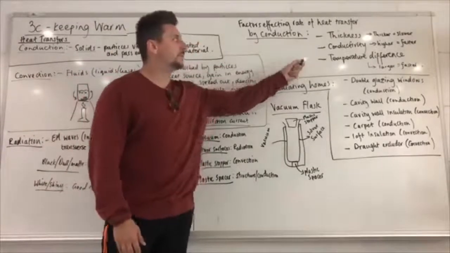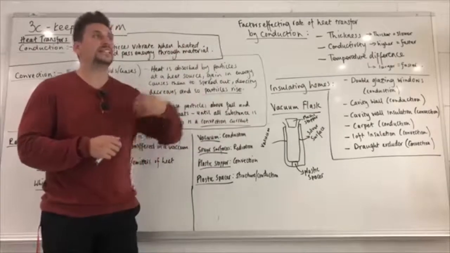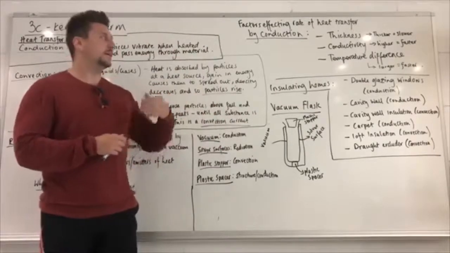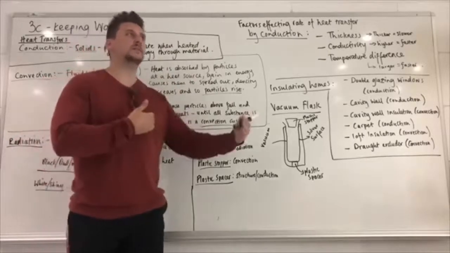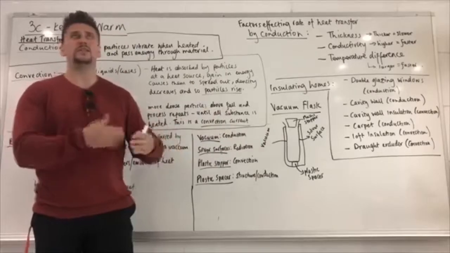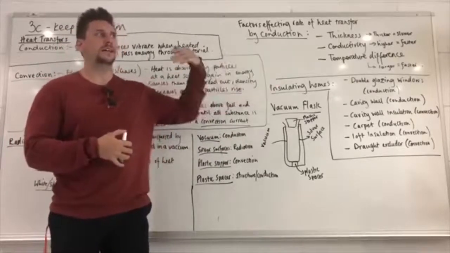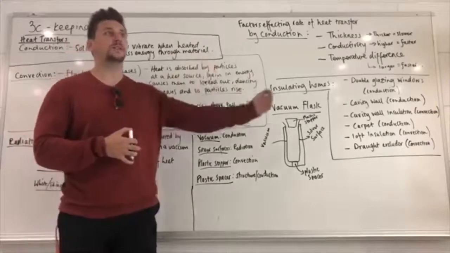And finally, the temperature difference from one side to another, or from inside out, or outside in. If the temperature difference, for example, between the inside of a room and outside is very large, let's say on the inside of the room it's 20 degrees Celsius, but on the outside it's 60 degrees Celsius, then you're going to have a heat transfer at a specific speed.